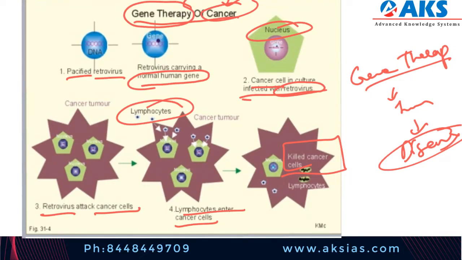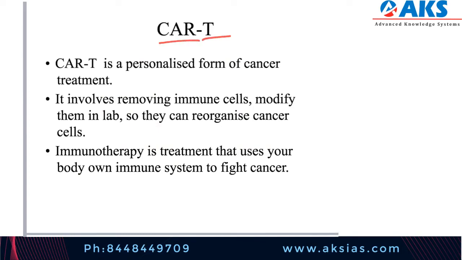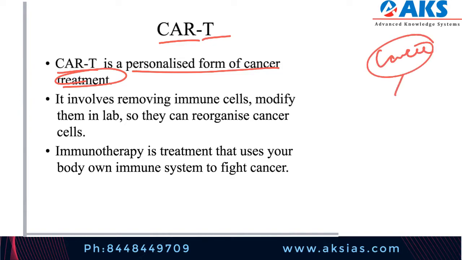This is gene therapy. What is CAR-T? It is a personalized form of cancer treatment. The cancer is different at different stages in different bodies, so CAR-T acts as a personalized form of cancer treatment. It involves removing immune cells and modifying them in the lab so that they can recognize cancer cells.